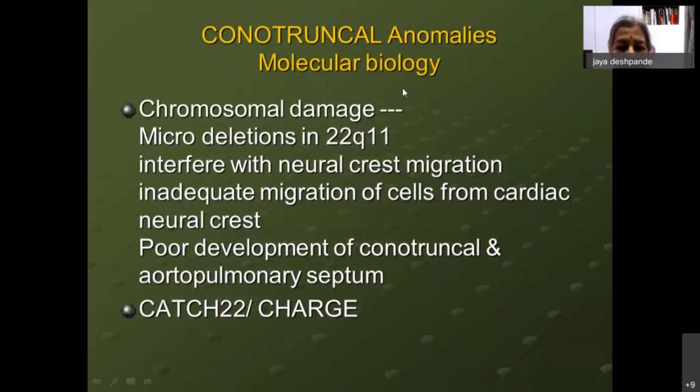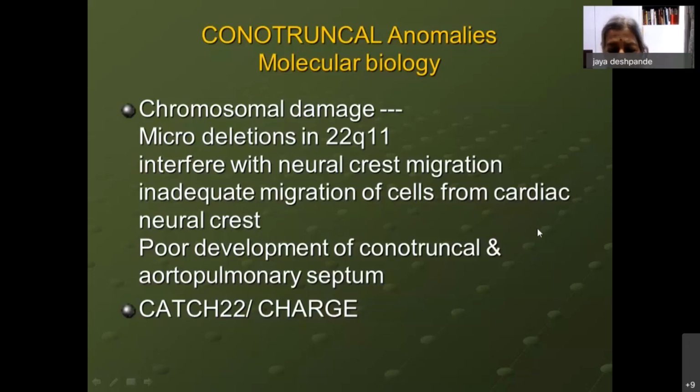All conotruncal anomalies, the majority of them rather, have chromosomal damage related to microdeletions in the 22q11 chromosome. This particular microdeletion interferes with neural crest migration and results in inadequate migration of the cells from the cardiac neural crest.